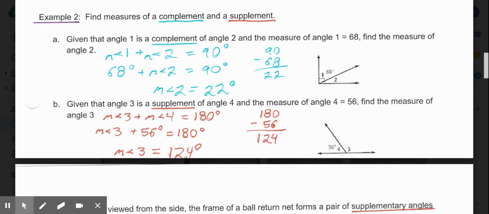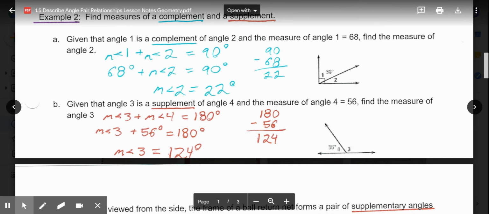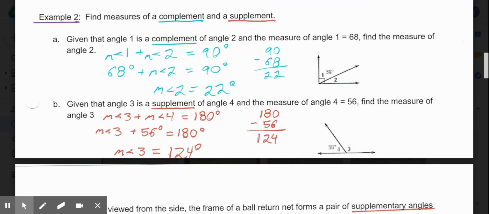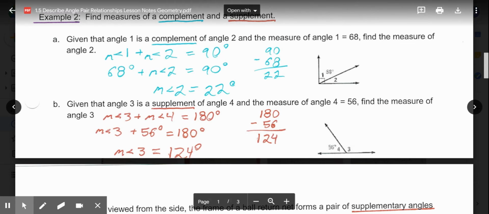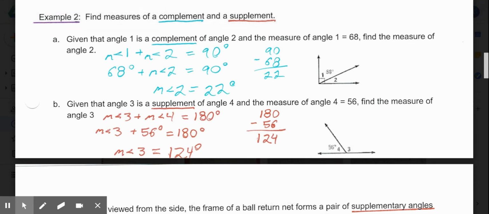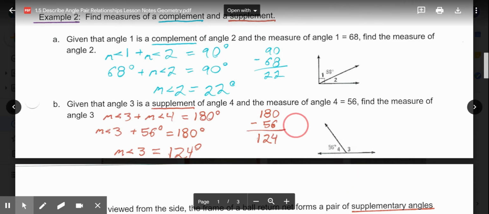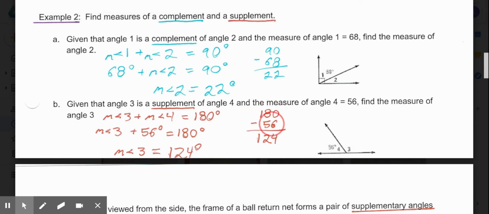So angle 3 plus angle 4 would give us 180. So the 180 minus 56 gave me angle 3, which is 124 degrees. So simply put, to find a complement, you do 90 minus the known angle. To find a supplement, you do 180 minus the known angle.